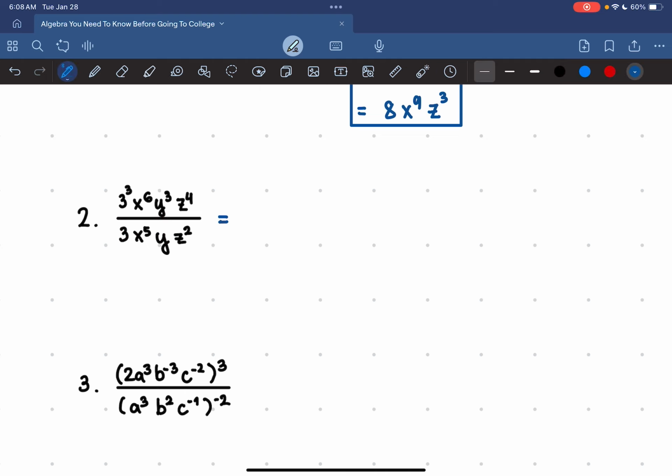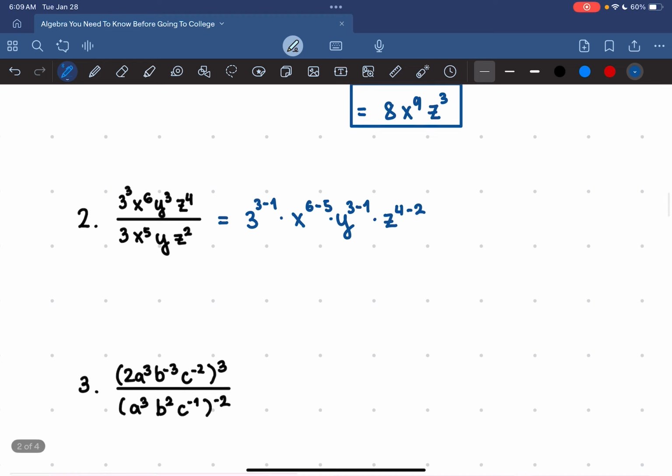So we'll have here 3 cubed minus 1 times x raised to 6 minus 5 times y raised to 3 minus 1 times z raised to 4 minus 2. Okay, and this will just be equal to, take note here in the first one that this will become 2. So 3 squared will be equal to 9.